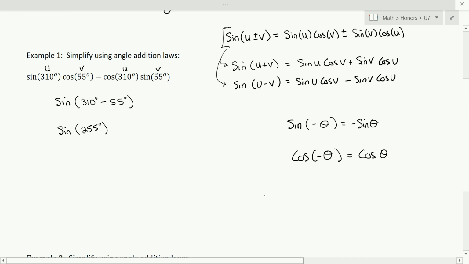On the unit circle, if we count by 30s, we know how to find the sine of all those angles. So 30, 60. I'm just going to list a few out here. Get close to 255.